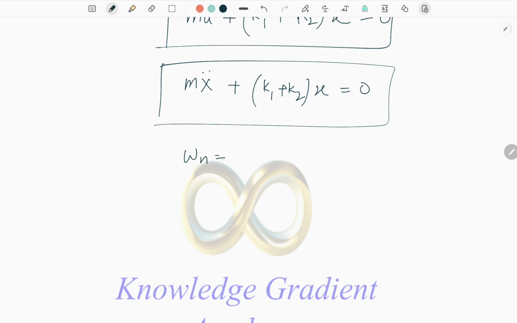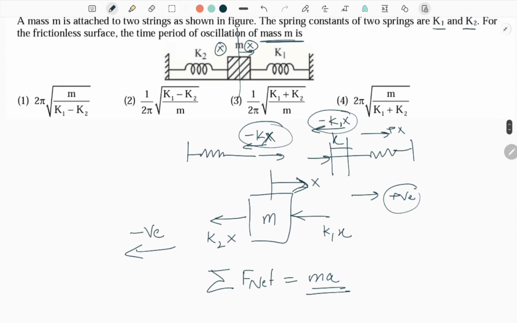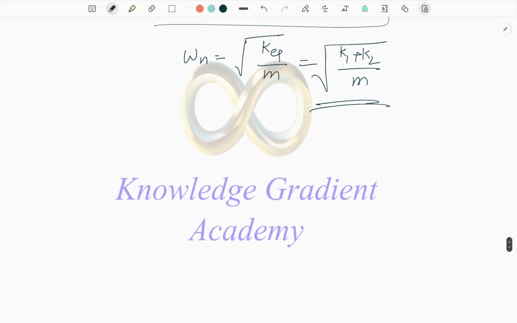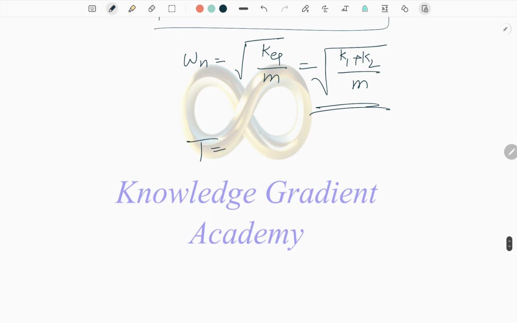From here, the natural frequency omega n is equal to root of K equivalent by mass. Here K equivalent is K1 plus K2, divided by mass M. This is our frequency, but the question asks about the time period.